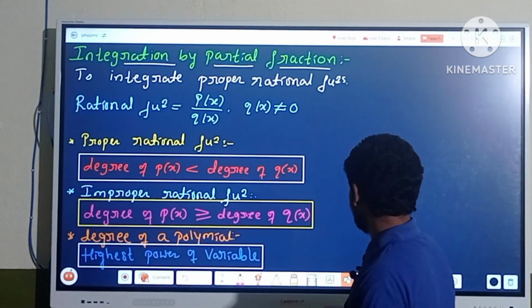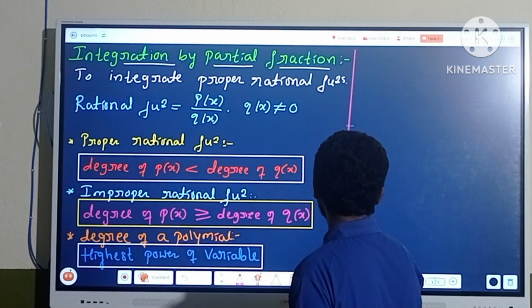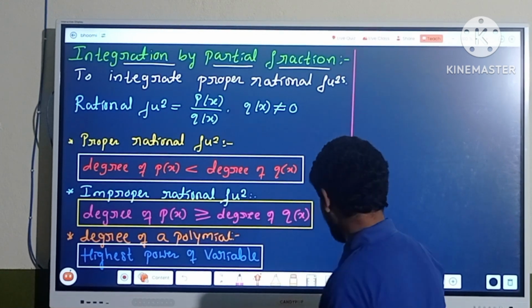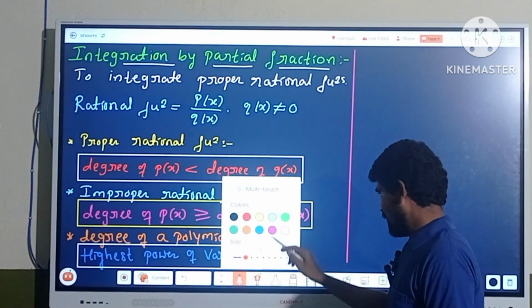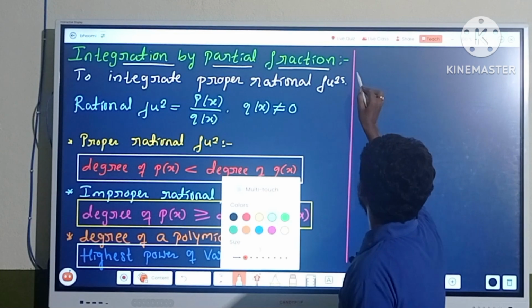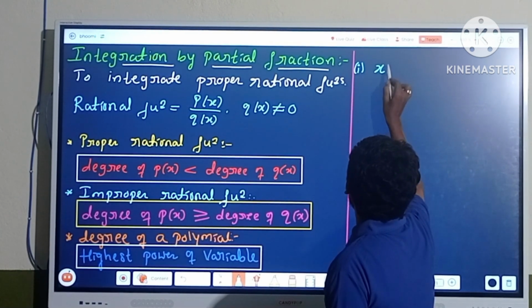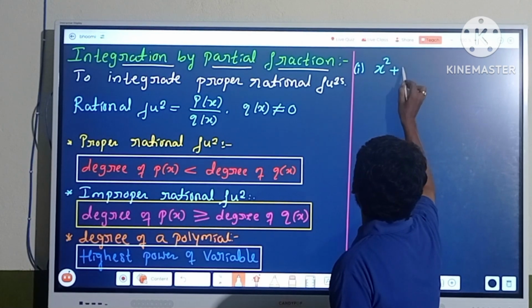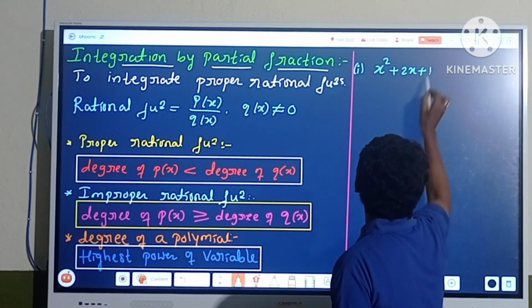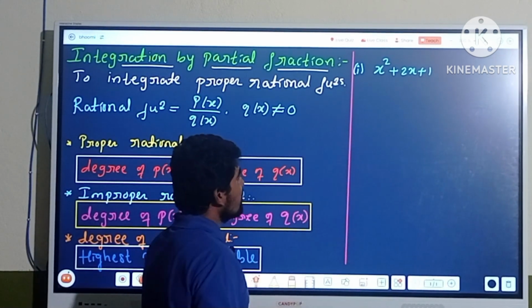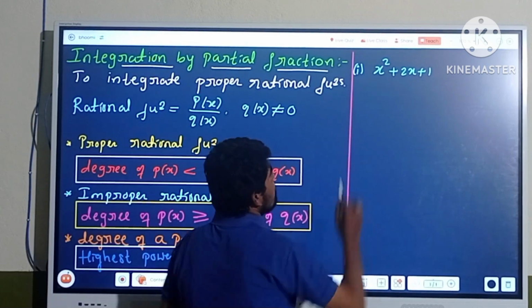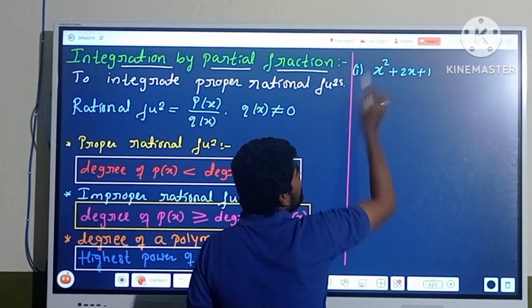The first example: find the degree of the polynomials. First one, x square plus 2x plus 1. Here there exist three terms. In the first term, the power of the variable is 2.